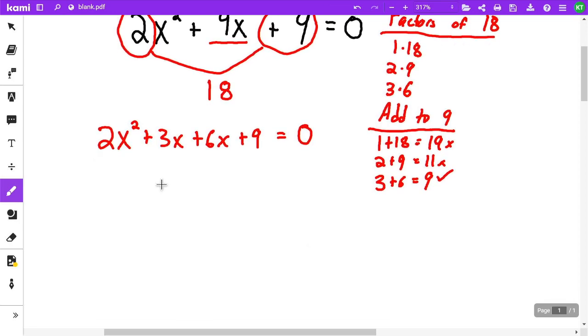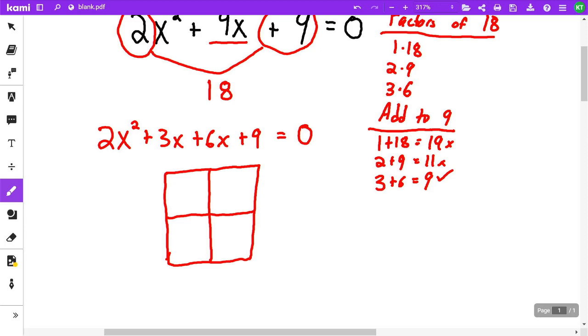So let's draw a 2 by 2 box, which we can factor out of here. And so we're going to take each one of these terms and place them inside of our box. So I'm going to put my 2x squared in the bottom left here. And then I'm going to have to put my 9 diagonal from my 2x squared, so it's going to have to be in the top right.